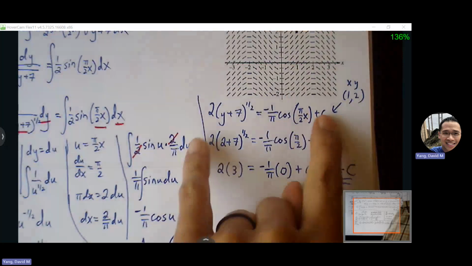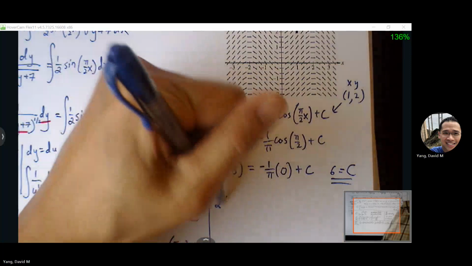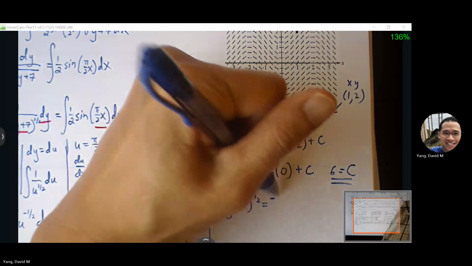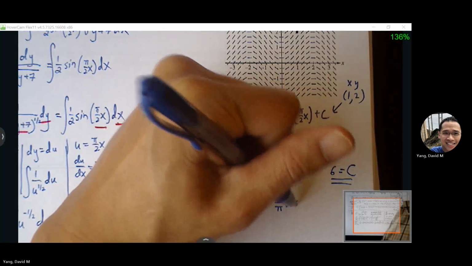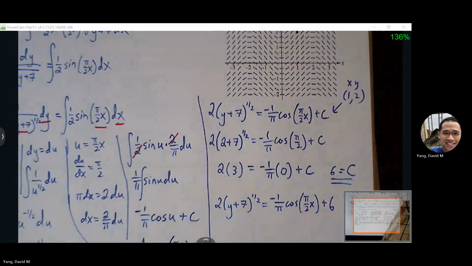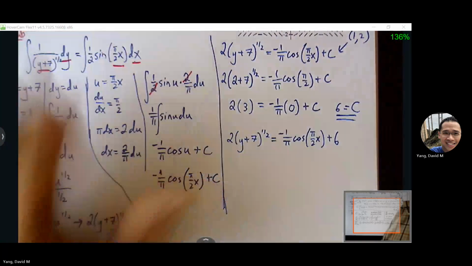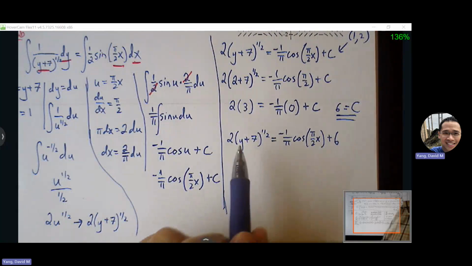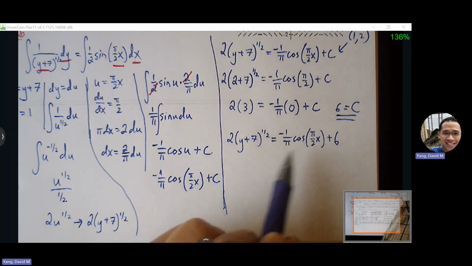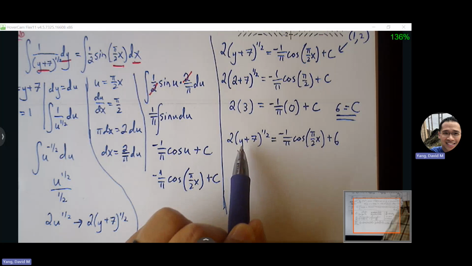So now that I have my c value, I'm going to update my equation, and then the final thing is to solve for y. Okay, so 2 more things left to do. To get y by itself, I'll divide everything by 2, which is the same thing as multiplying by 1/2. And then square both sides. And that can move to 7, and then that y can be by itself.